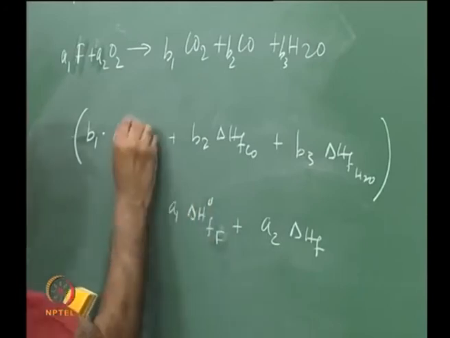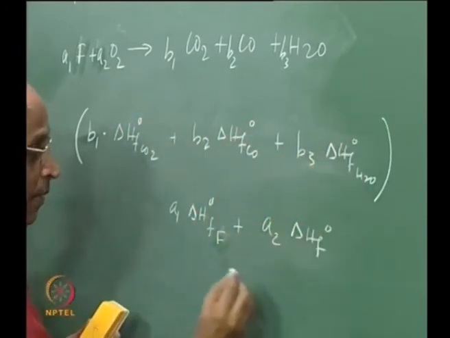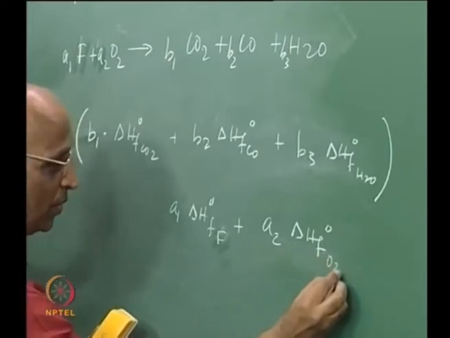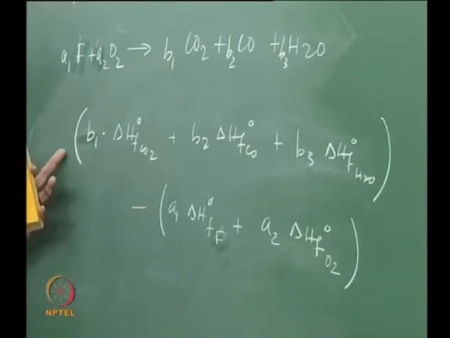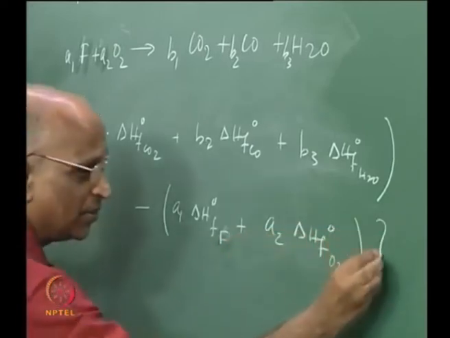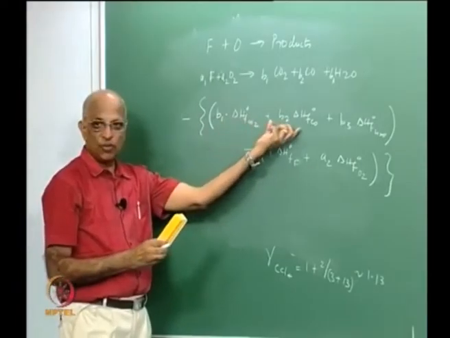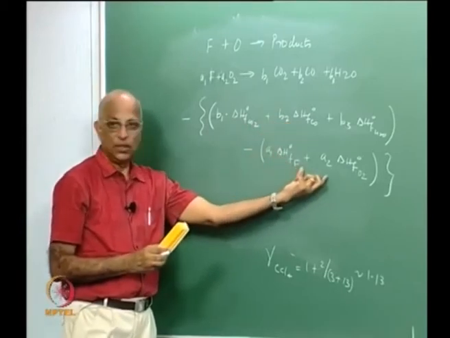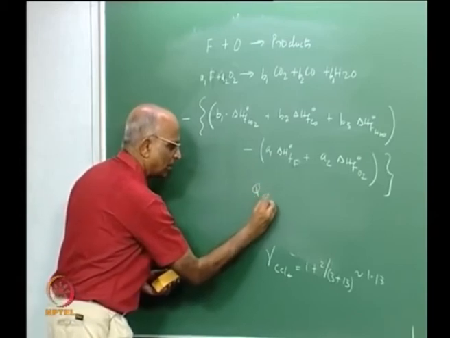Mind you, I should have put the standard superscript all over here, all at the standard conditions. Now the change is like this, but only if there is a decrease do I get heat. Therefore, the heat energy given out is equal to minus of the heat of formation of the products minus the heat of formation of the reactants. This is the heat which comes out of a chemical reaction.